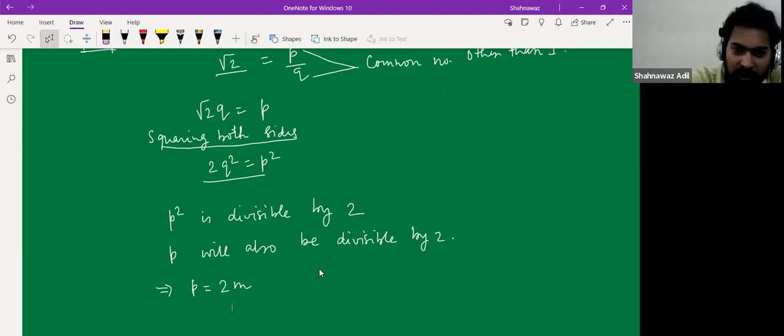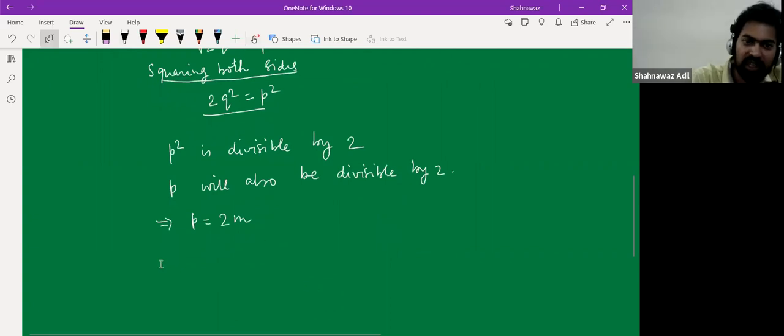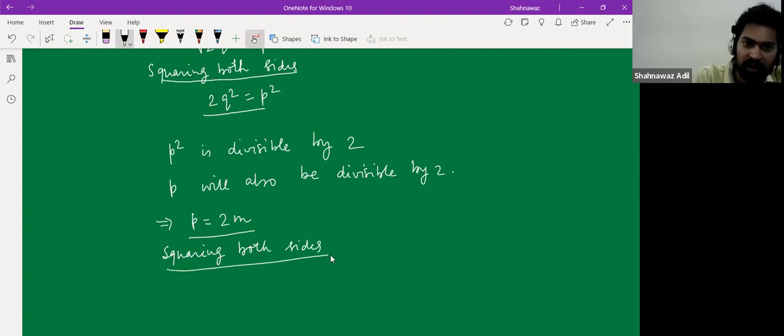Now we take the square here, squaring both sides again. So p square will be 4m square.